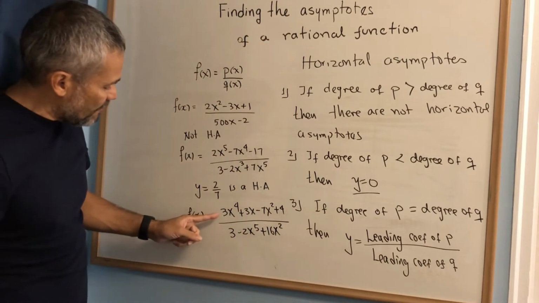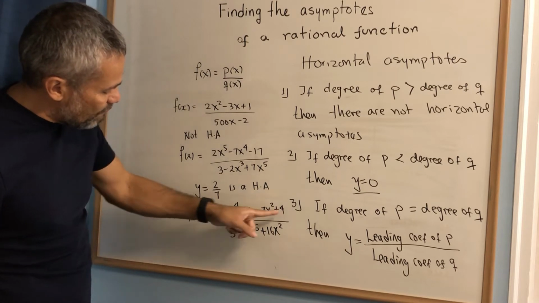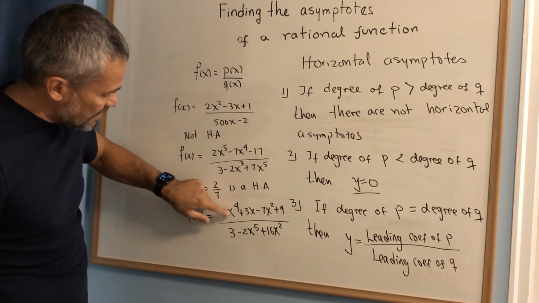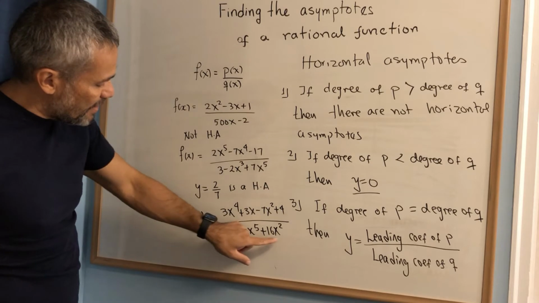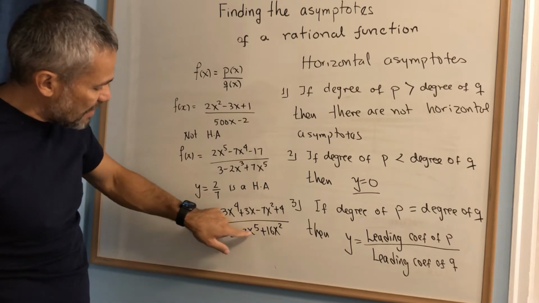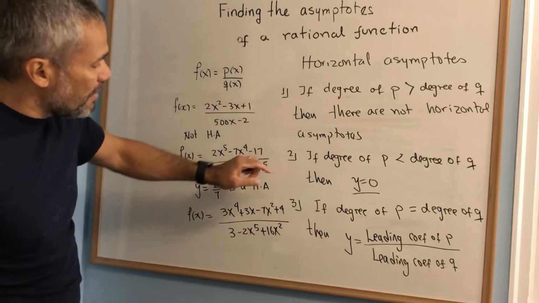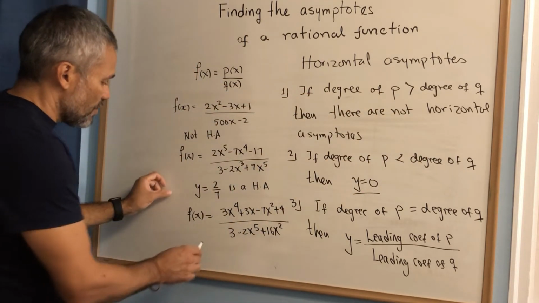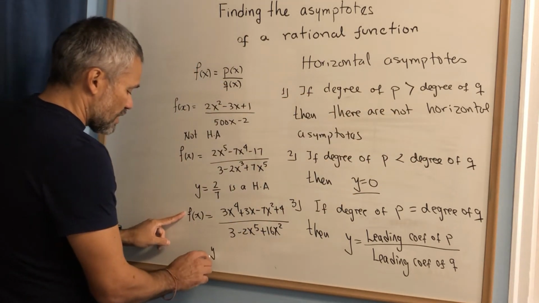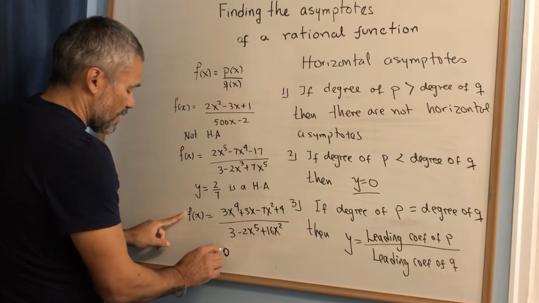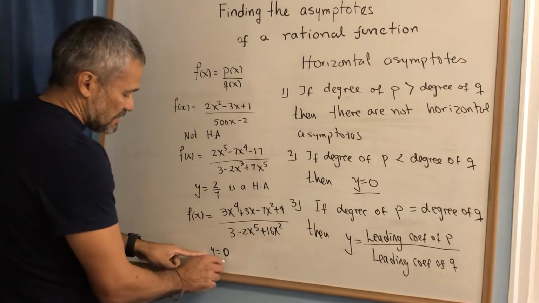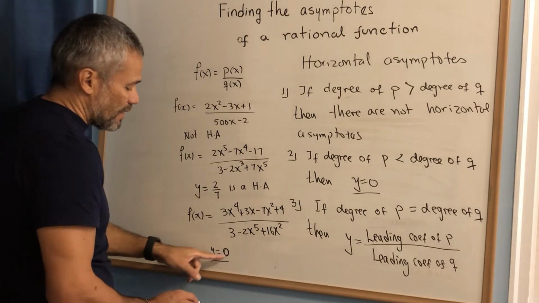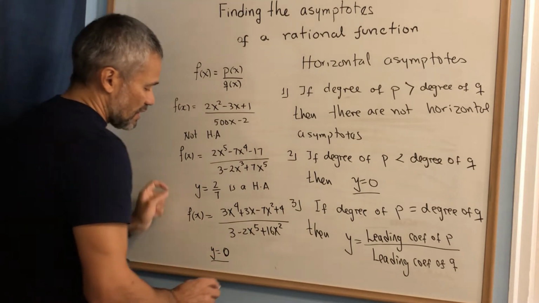In this case, the numerator has degree 4, the highest degree is an x to the 4th, and the denominator has degree 5, this is the highest degree. Then we are in this situation, the degree of p is smaller than the degree of q. Then this function has a horizontal asymptote, the x-axis. The horizontal line y equals 0 is a horizontal asymptote.